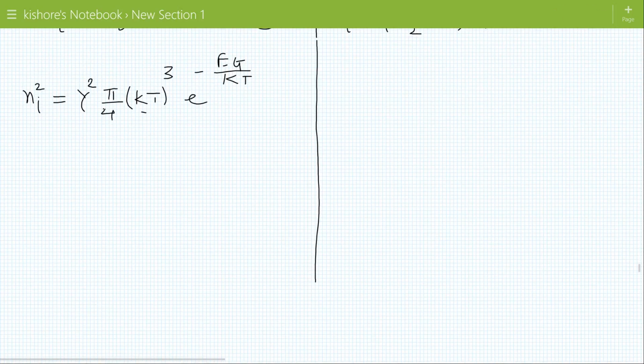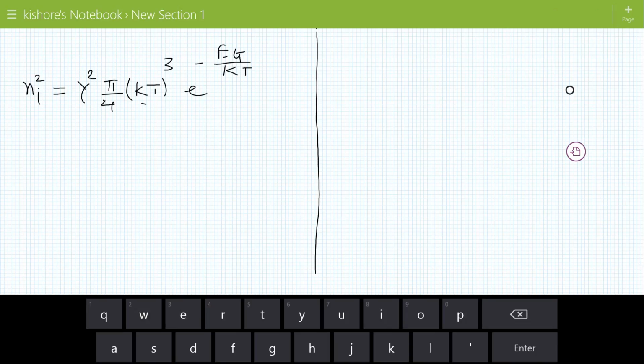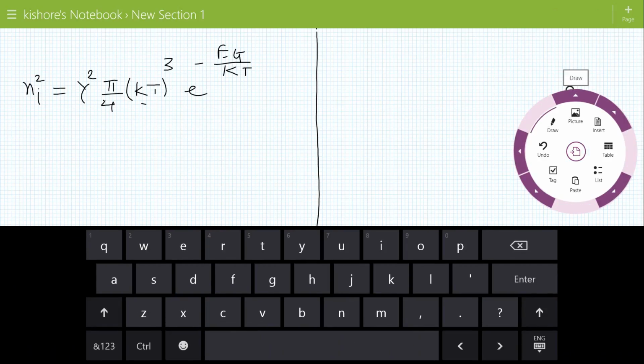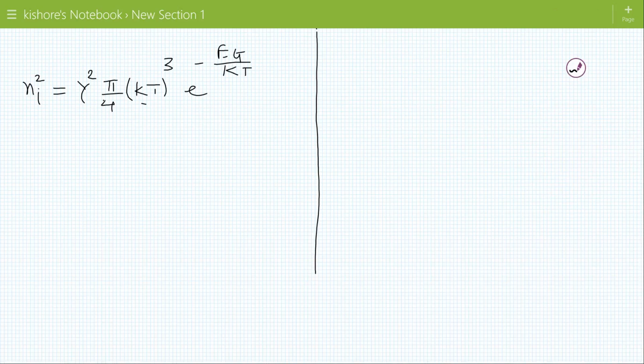Now gamma is constant and pi by 4 is constant. k is the Boltzmann constant, which is also constant.